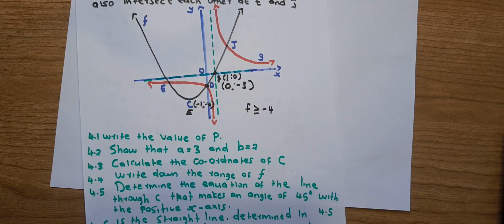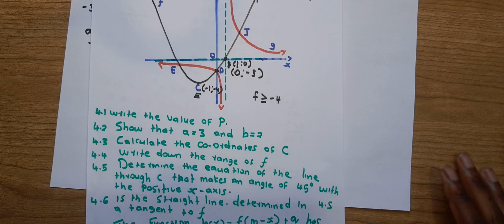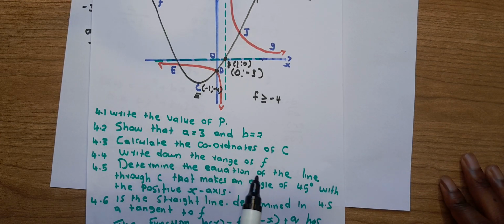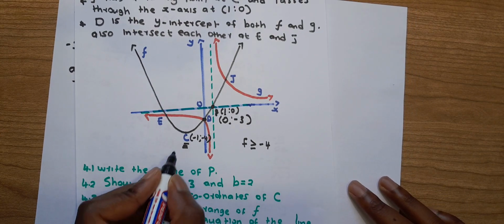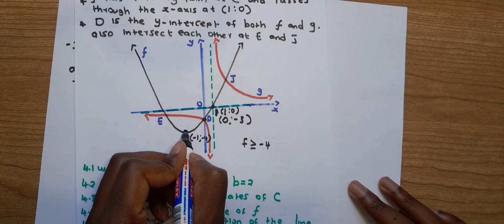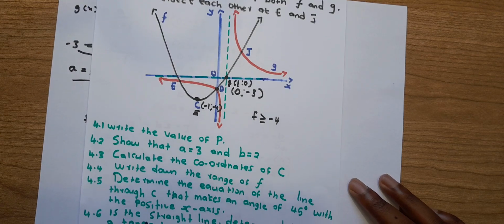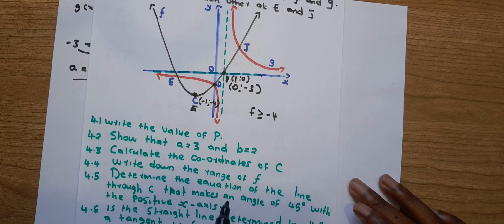Those are the questions that a lot of you guys skip. Let's try to figure it out so that you don't skip. Determine the equation of the line through C. Where is C? Oh, okay. So this line goes through C. It means that it passes through this point C, right? That makes an angle of 45 degrees with the positive x-axis.